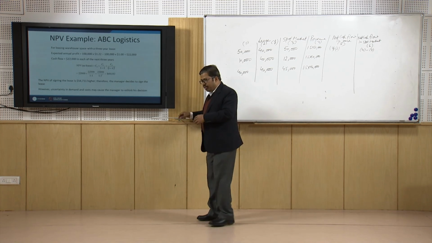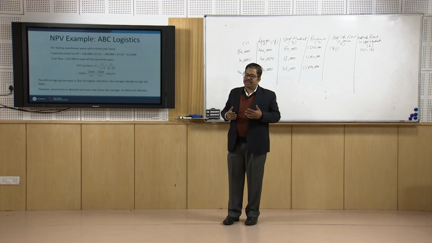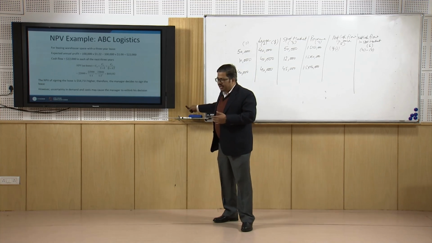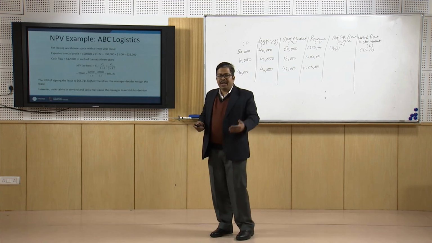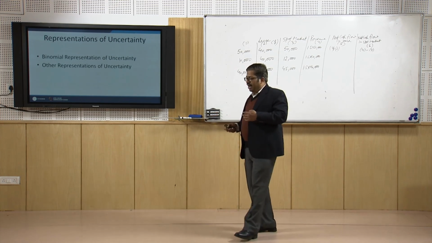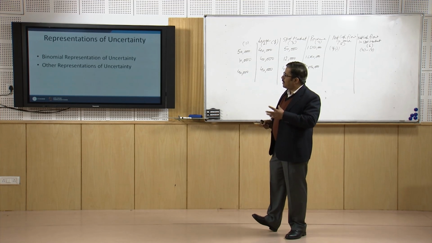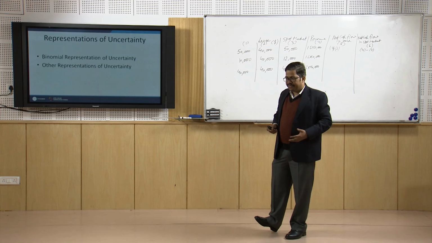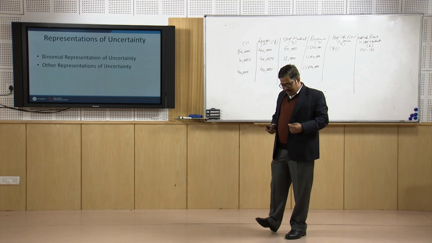Now going further, we need to build more uncertainties into our demand and cost related issues. So we want to have the binomial representation of uncertainty, and we can have some other representation of uncertainties also.